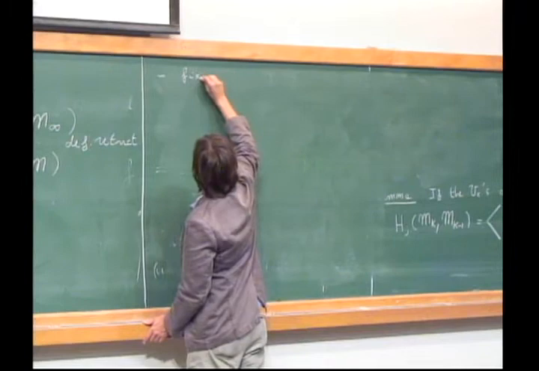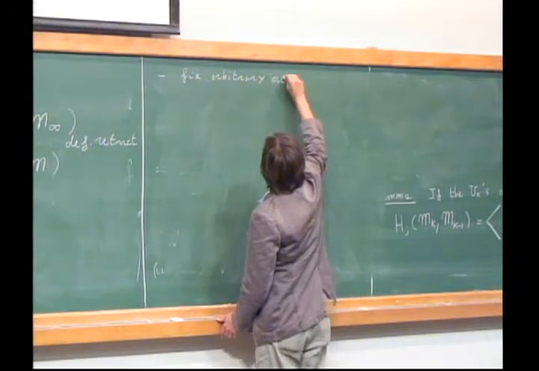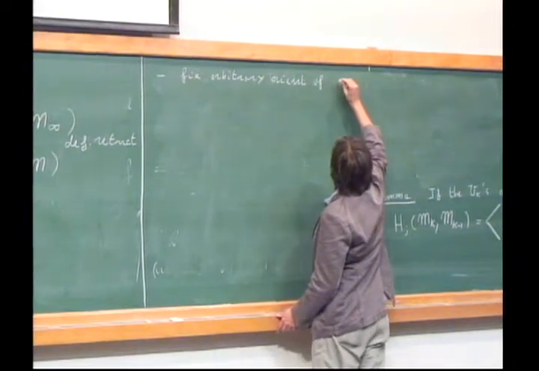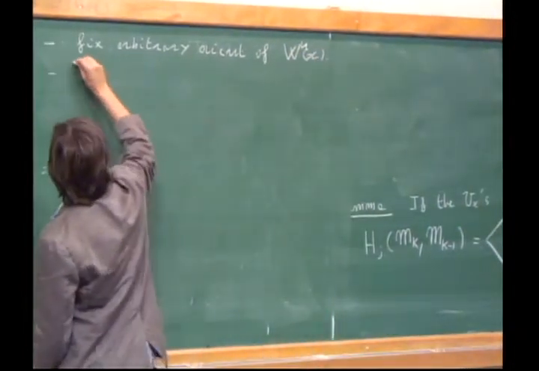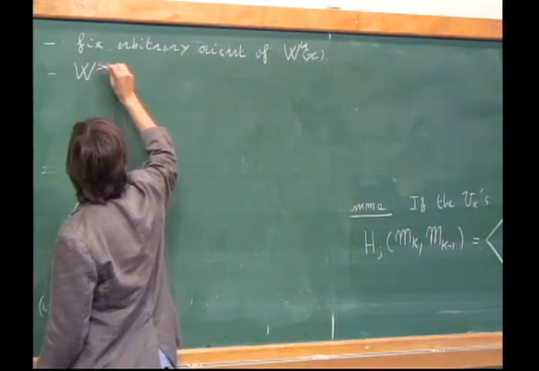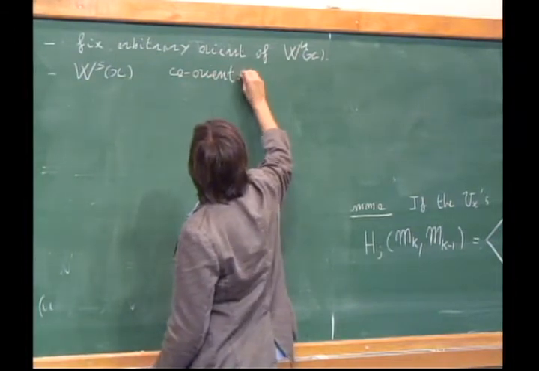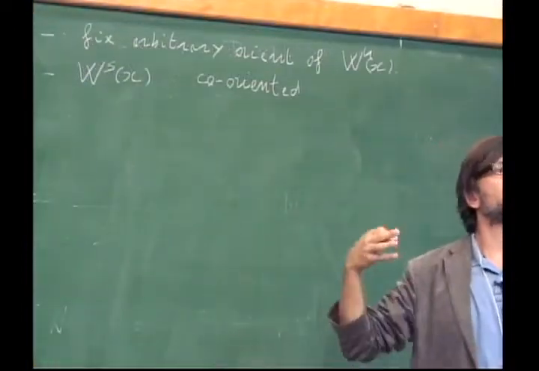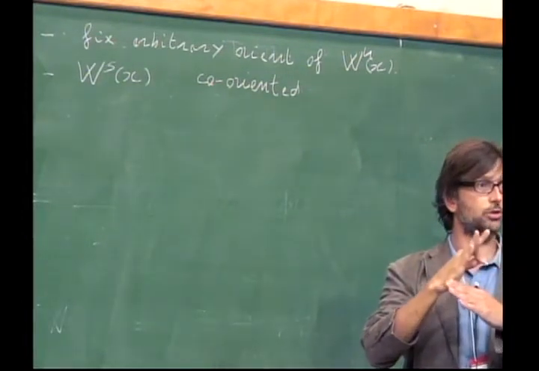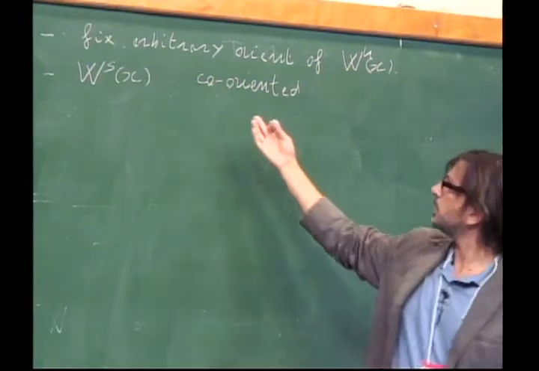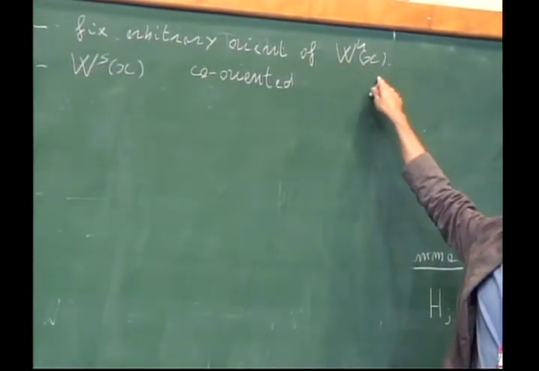You fix arbitrary orientations of all the unstable manifolds. Because they are finite dimensional, that's fine. So each stable manifold now is co-oriented. These stable manifolds are infinite dimensional, but they are finite co-dimensional, so they have a finite dimensional normal bundle, and this is oriented because at x the normal bundle is identified with the tangent space of this.